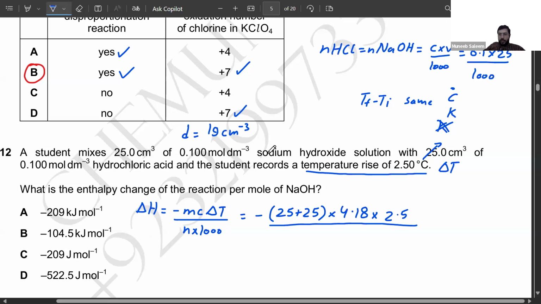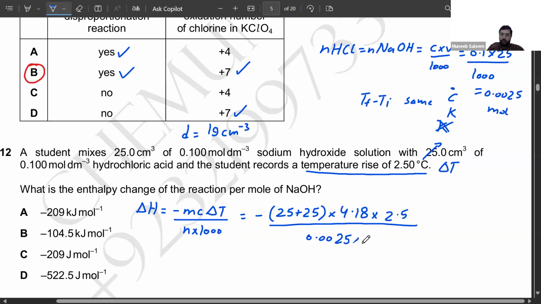So that is basically equal to 0.0025 mole.